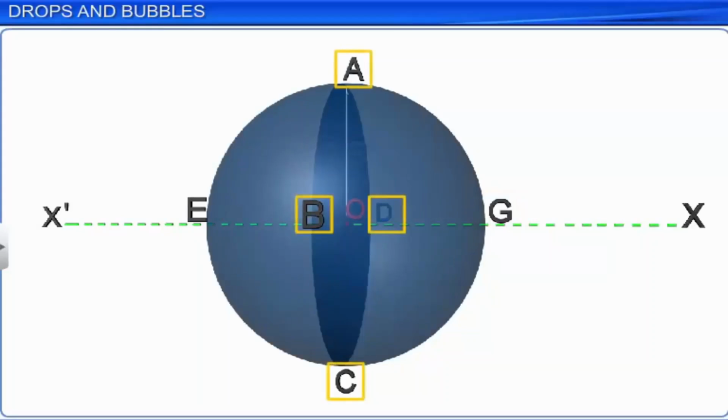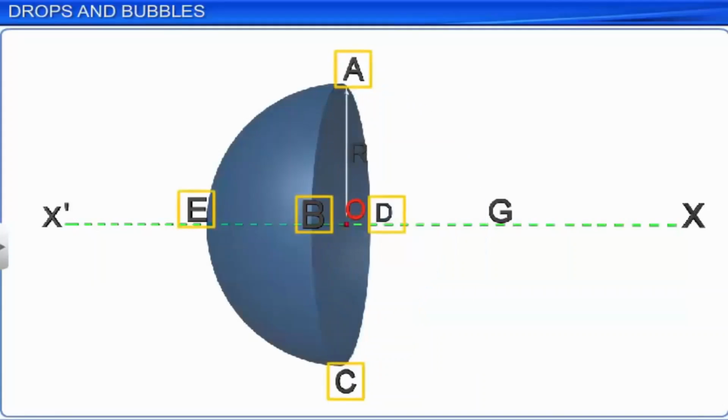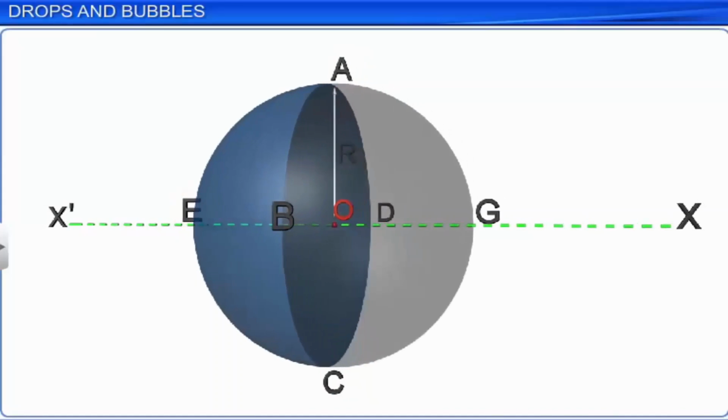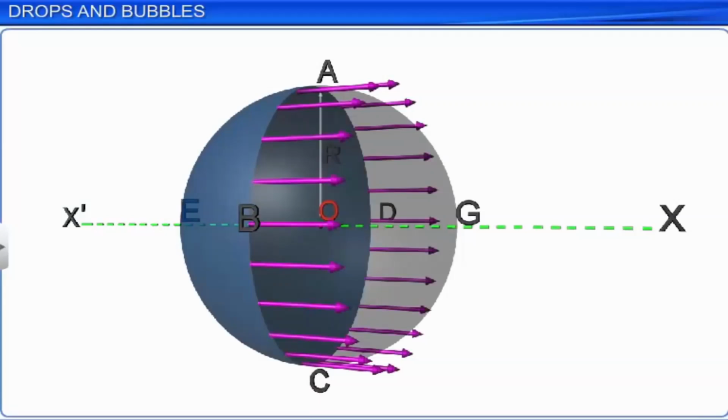Each hemispherical surface pulls the other due to surface tension. Consider that the hemispherical surface ABCDE is in equilibrium. In equilibrium, the forces acting on the surface are as follows. The force on ABCDE due to the surface tension of the surface ABCDG in contact, let this be F1.